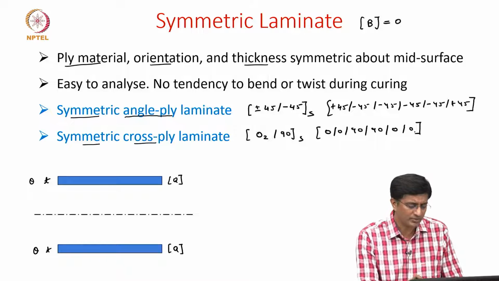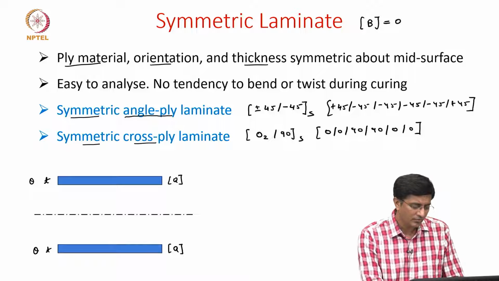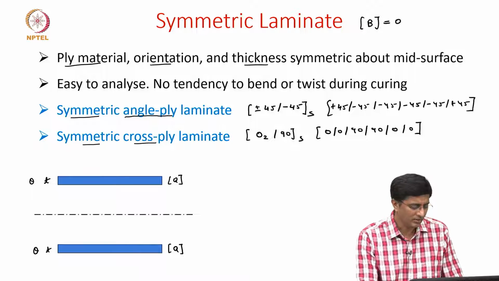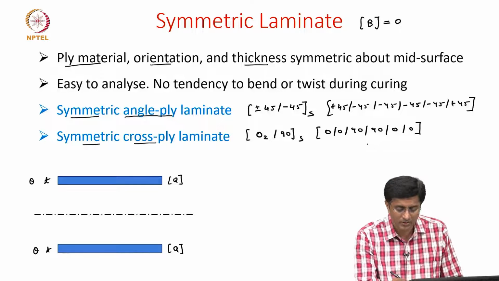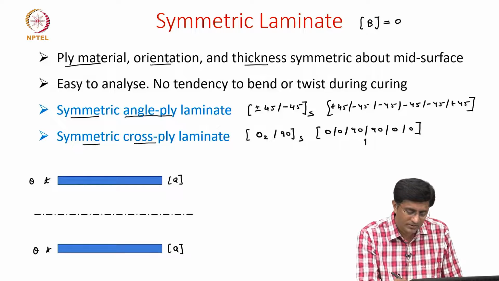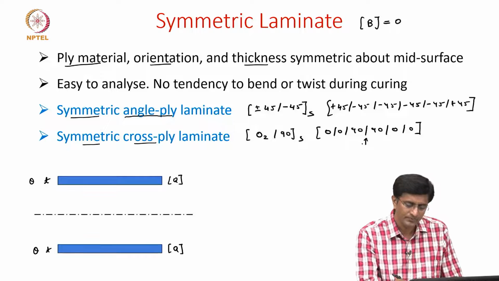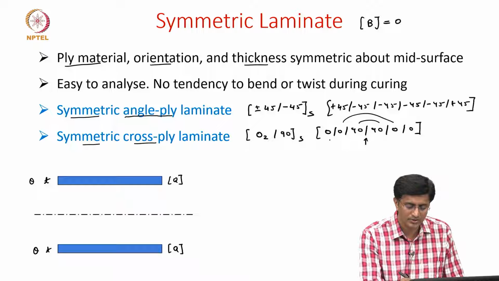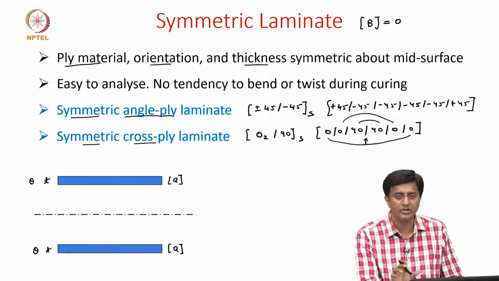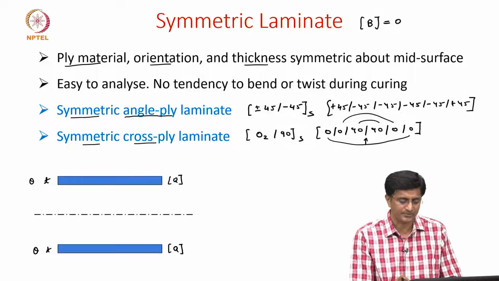The point we are trying to make here is we call this a cross-ply because all the layers are either 0 or 90, and we call it symmetric because about the mid plane, here is the mid surface, it is symmetric, meaning this 90 and 90, and this 0 and 0, and this 0 and 0, are all symmetric about the mid surface.